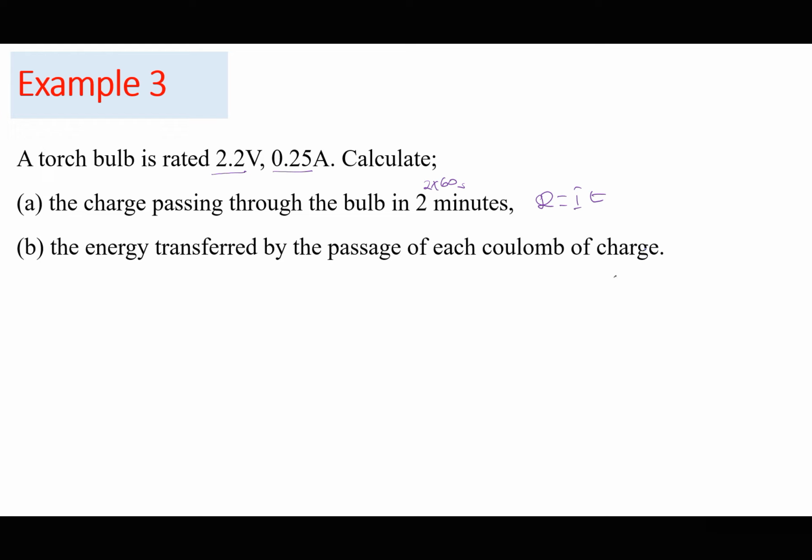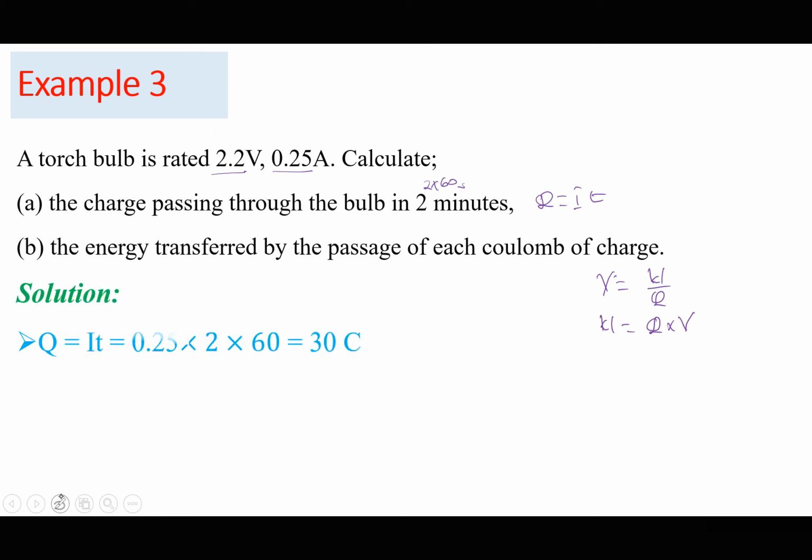The energy transferred by the passage of each coulomb of charge. So remember we said PD is equal to the energy per unit charge. So it means the energy should be equal to the charge times the accelerating PD. So in our solution, we have that charge is equal to IT, which I think 30 coulombs is correct.